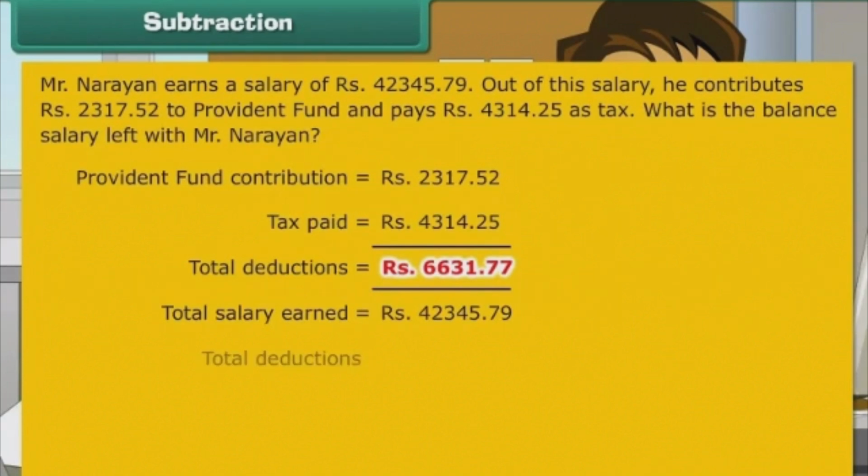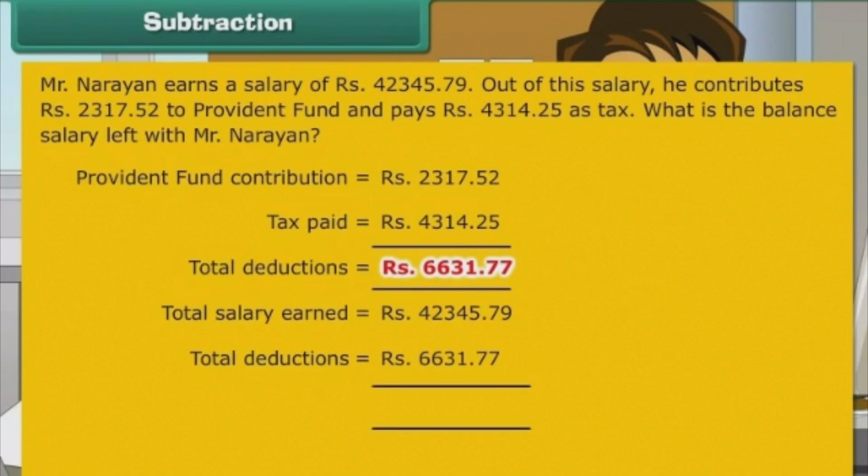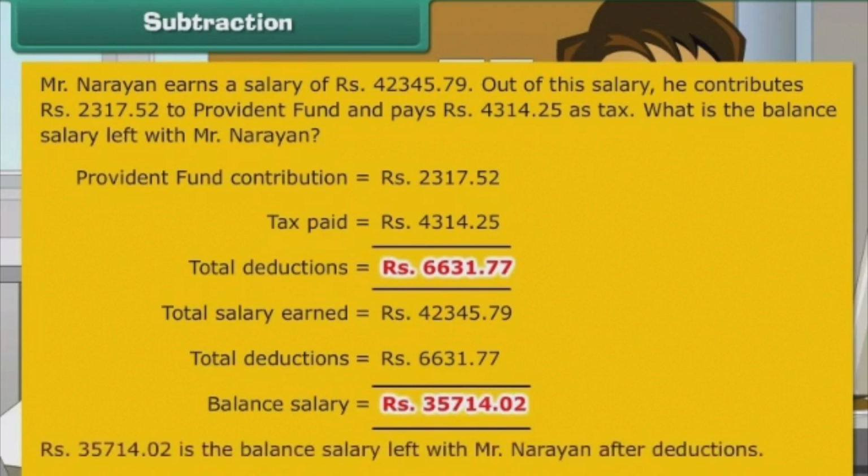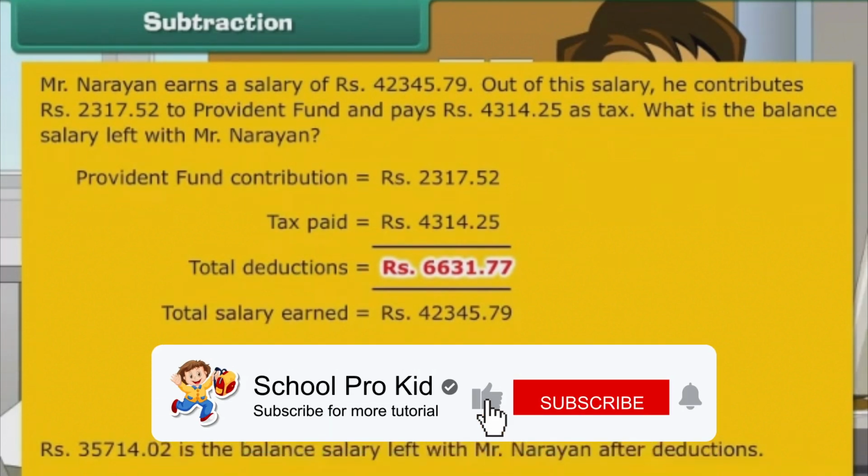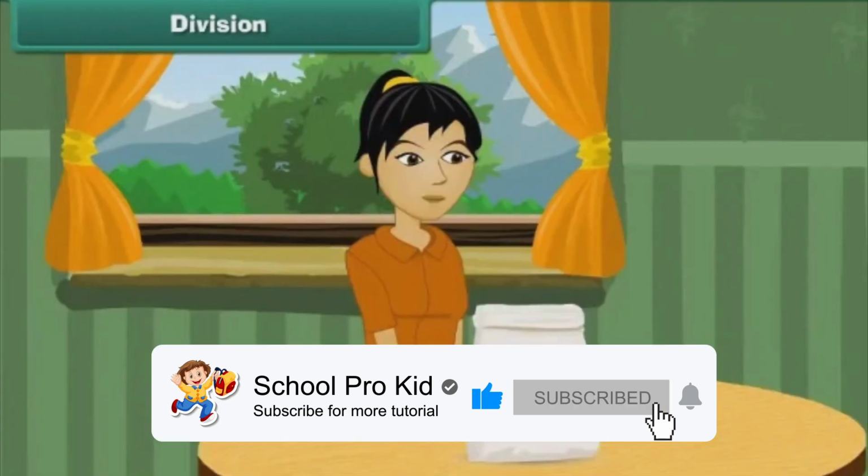We subtract the deductions, 6,631.77, from the salary earned to get the balance salary as rupees 35,714.02. Rupees 35,714.02 is the balance salary left with Mr. Narayan after deductions.